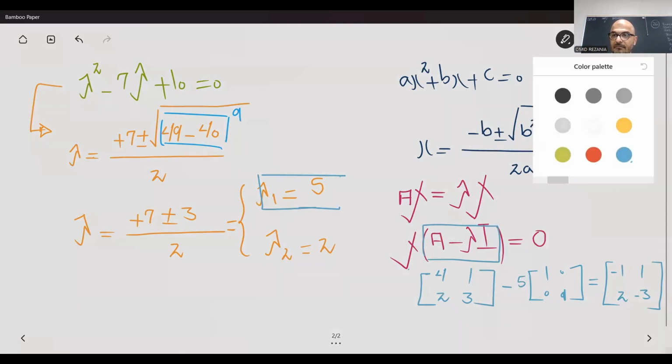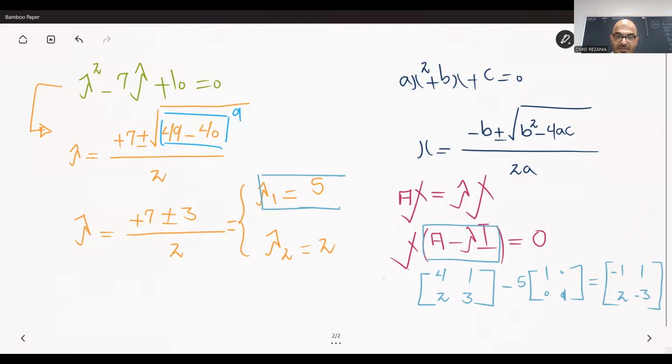Now, what does it mean? I'm just going to write it here. I have minus 1. I have plus 1. I have plus 2. And I have minus 3. This is the matrix which is the result of this operation, which is here, right?